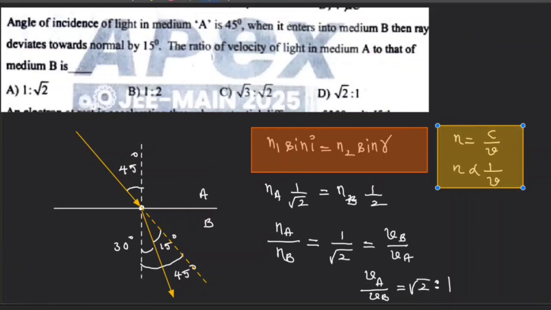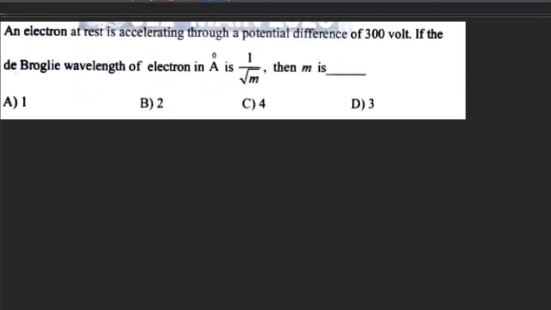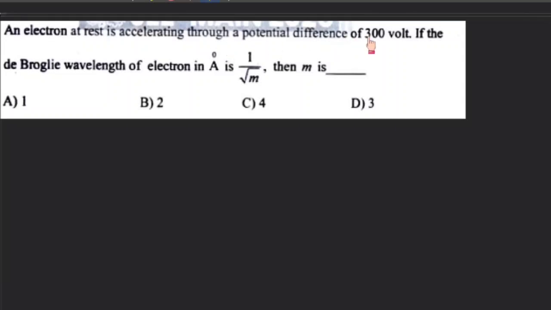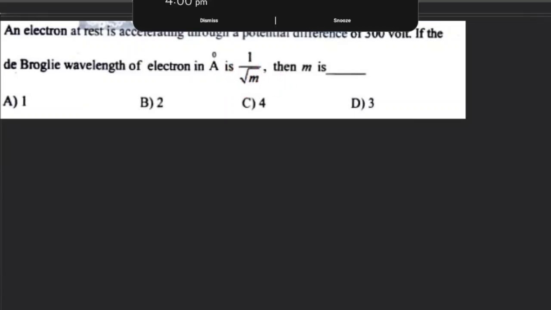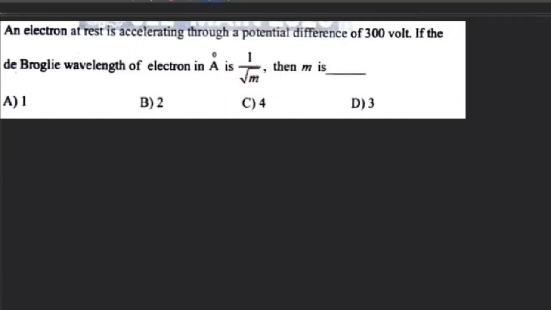Clear? Next one: an electron is accelerating through a potential difference of 300 volt. If the de Broglie wavelength of the electron in angstroms is 1 by root m, then m is? Therefore, the de Broglie wavelength formula: lambda is equal to h by p, which can be written as h by under root of 2 km.